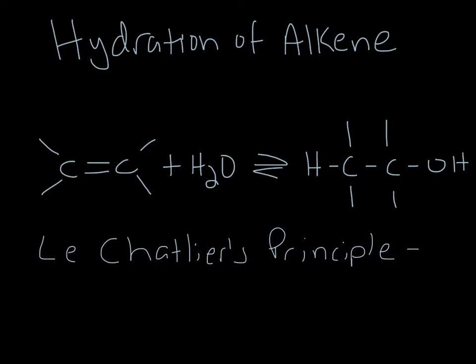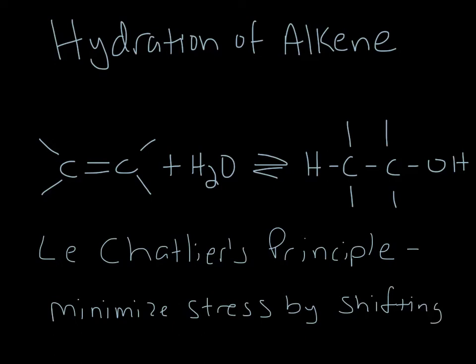So one of the ways that I can impact the equilibrium of a system is to add a product or remove a product, add a reactant or remove a reactant, and that addition or removal can shift the equilibrium one way or the other. So I can shift towards products or shift towards reactants. So I'm just going to write as a shorthand note, minimize stress by shifting.